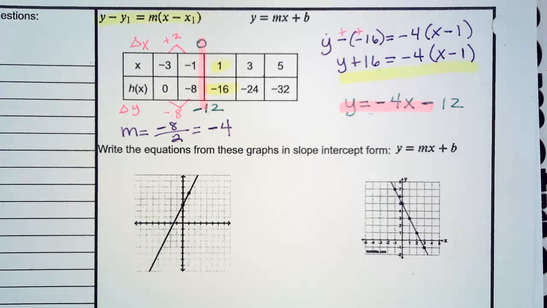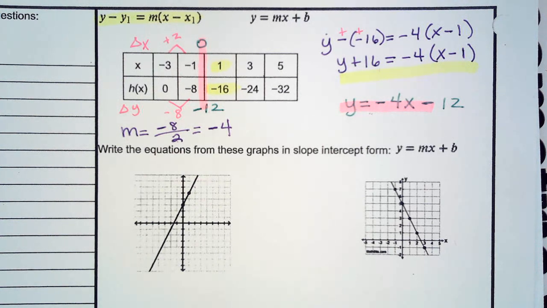So, when you're using tables, there's different ways to get the correct answer, but you always have to find your slope first. For the point slope form, you just pick a set of points, one point out of them, and you substitute those values in for x and y.